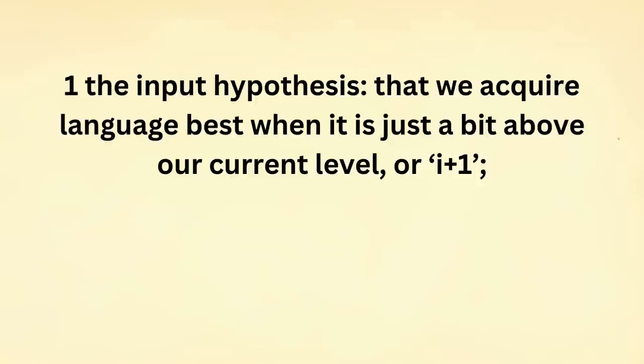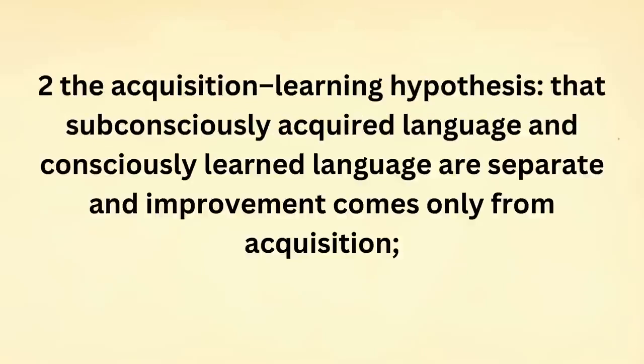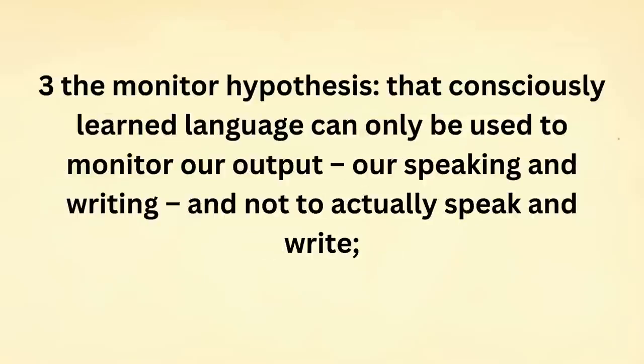1. The input hypothesis, that we acquire language best when it is just a bit above our current level, or I+1. 2. The acquisition learning hypothesis, that subconsciously acquired language and consciously learned language are separate and improvement comes only from acquisition. 3.